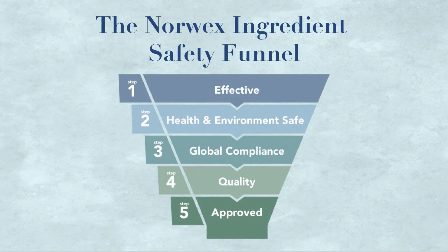This process ensures that while many ingredients may be considered, only the very safest and most effective will actually become part of our final Norwex formulation. So there's actually 5 steps in the funnel. 1 is effectiveness, 2 is health and environmental safety, 3 is global compliance, 4 is quality, and 5 is the approval. So effective.